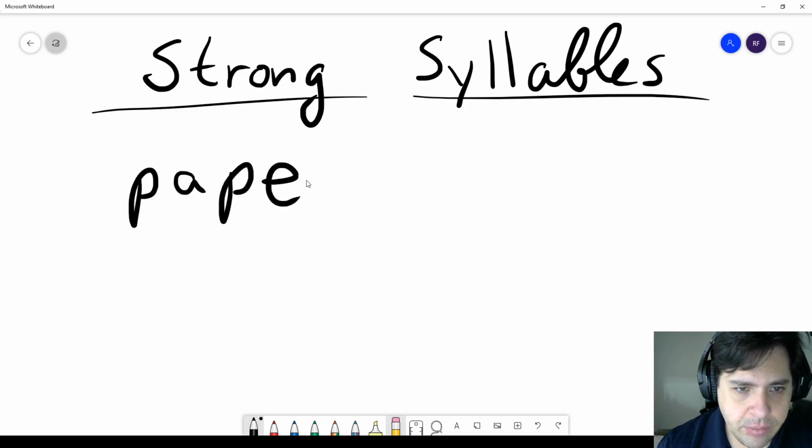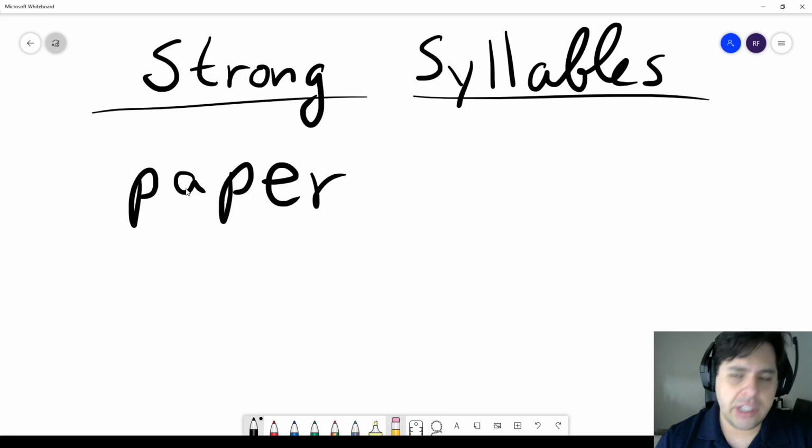Now, English is not a flat language in the sense that we pronounce the words, okay? The syllables in each word each have a different emphasis. So it's not just paper. I mean, that's okay, but it's more correct for this word to have more emphasis on the A, right?